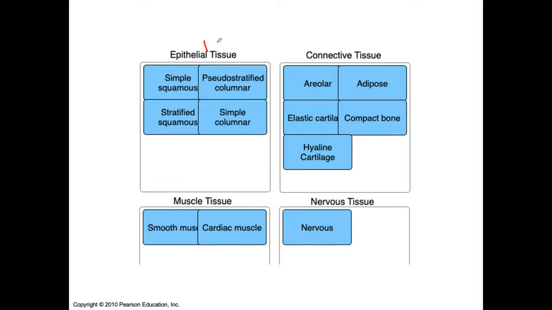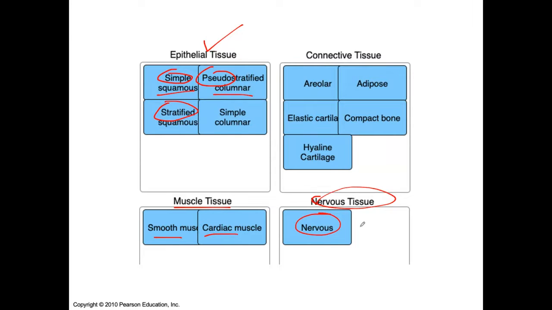Again, you have to be able to identify epithelium. So epithelium is anything that has the word simple or stratified in it, as well as pseudo-stratified. And then the shapes. Is it squamous? Is it cuboidal? Or is it columnar? For muscle, it was either cardiac, smooth, or skeletal. And nervous is nervous, right?